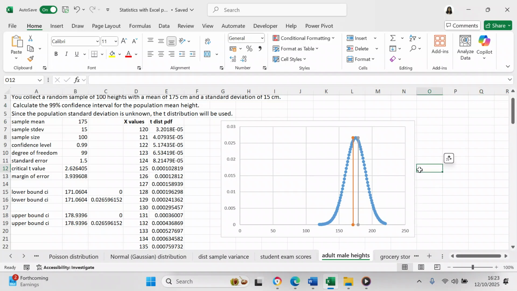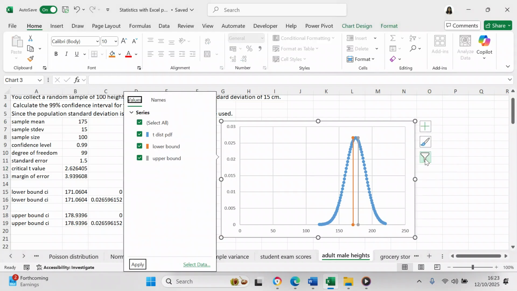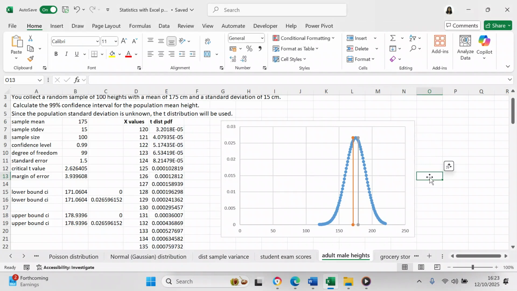It's actually 3 charts superimposed on each other. One chart is the T-distribution PDF, which is really a normal distribution PDF. And then you've got your lower bound, and your upper bound. That illustrates where your confidence interval is.